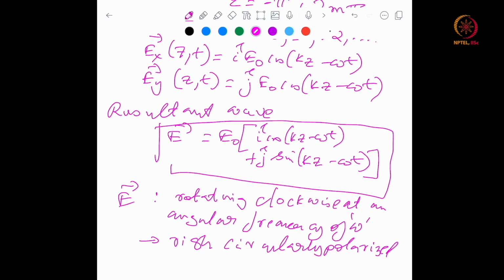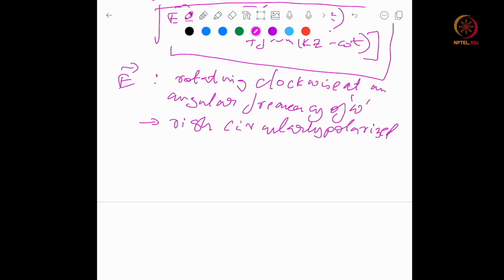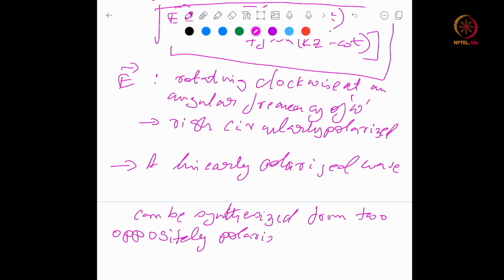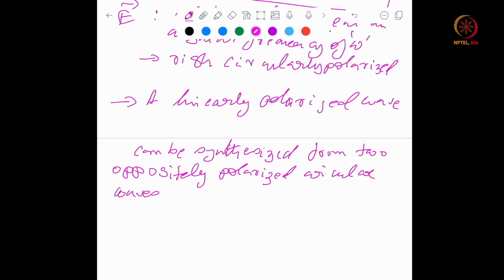A linearly polarized wave can be synthesized from two oppositely polarized circular waves of equal amplitude.